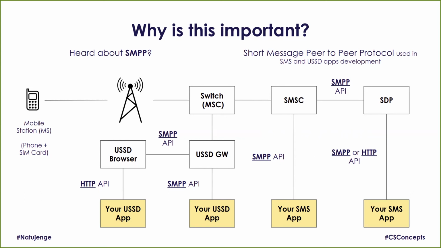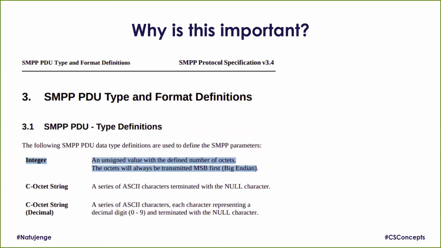Now, in the event you choose to become a telco or a telecoms engineer like me, you'll have to develop in SMPP. And if you read the SMPP specification, and I'm reading 3.4 and even 5.0, which is the latest version, has the same spec, you'll see the SMPP protocol data unit type definitions, the data types used by the protocol. They have integer, which is an unsigned value.